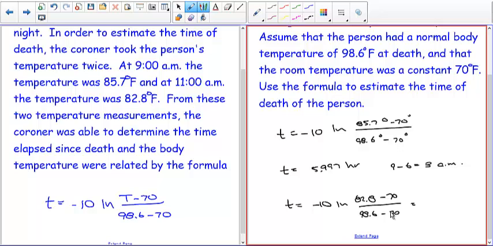So just changing 85.7 to 82.8, and there you get 8.04 hours. So again, if you take 11 now, because this measurement was taken at 11, subtract 8.04 hours, you get basically 3 a.m. So you can see the equation is consistent. So that's it.